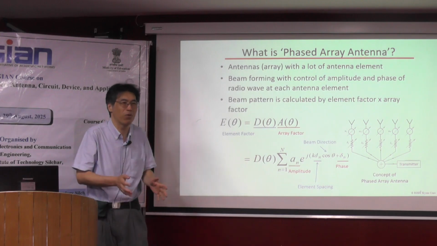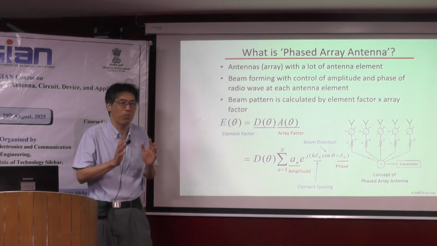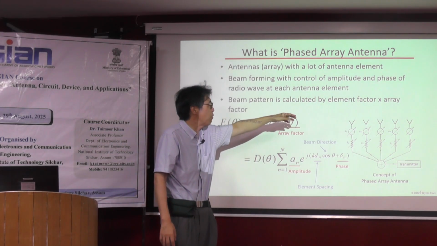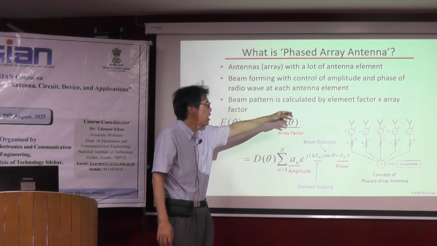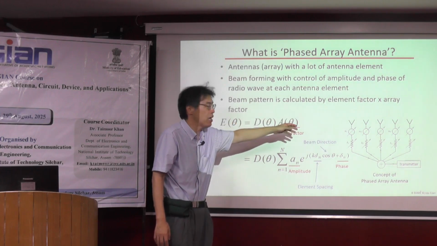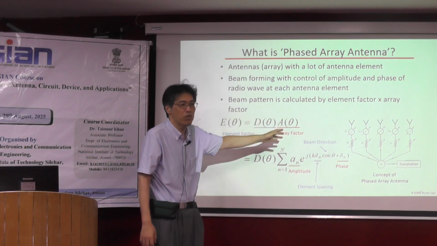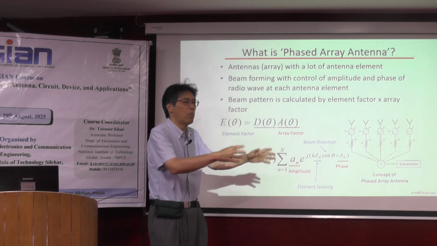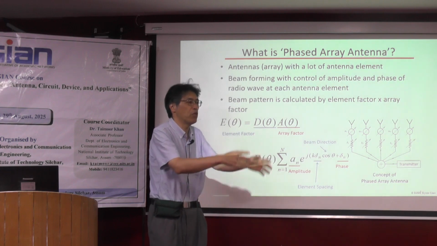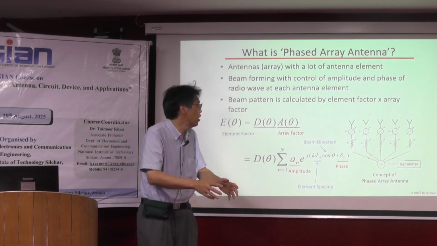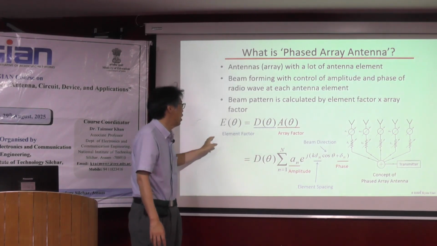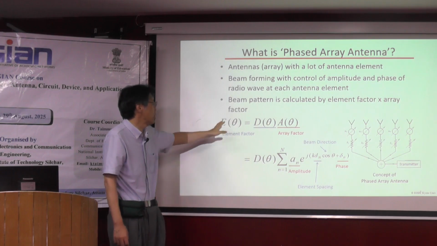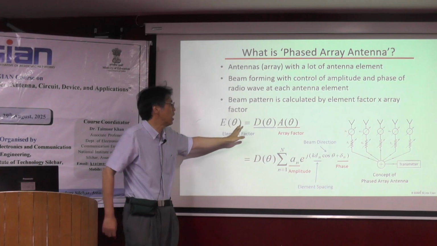Because Maxwell's equation is perfect. After transmitting the radio wave from the antenna, based on Maxwell's equation, all radiated waves are merged based on the amplitude difference and the phase difference. So this is a formula to explain these phased array antennas.